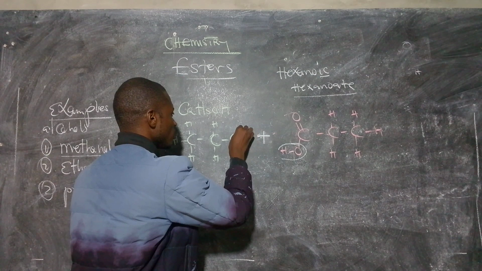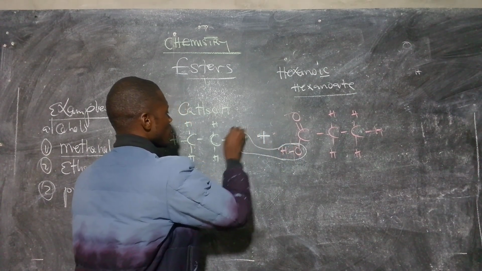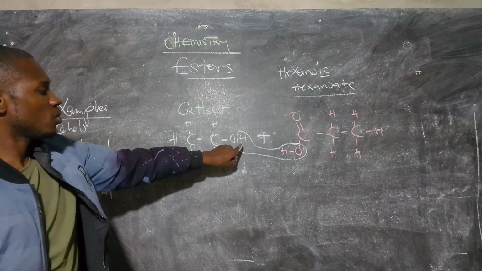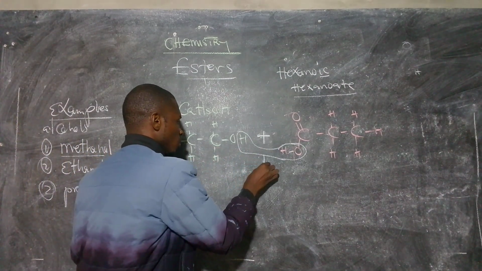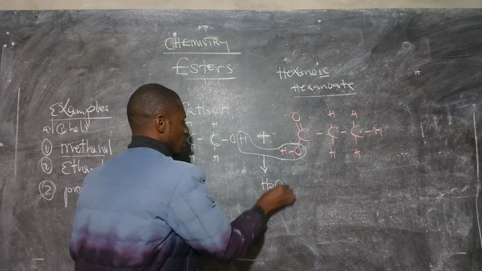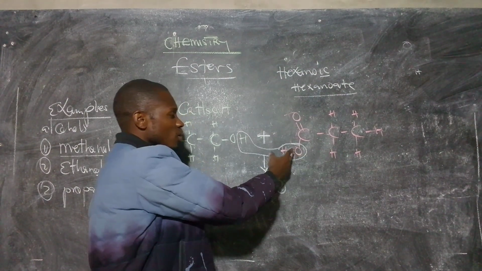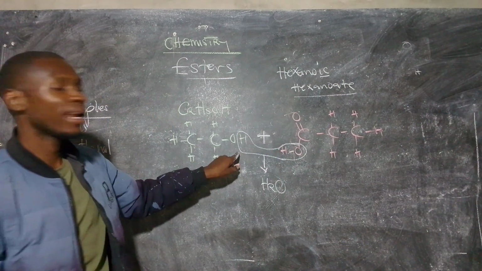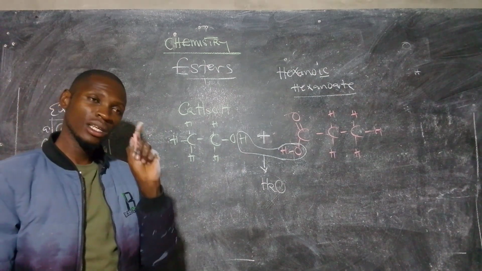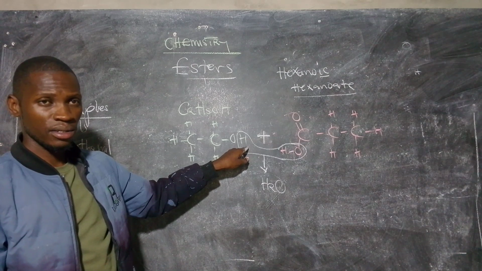Then this alcohol will only lose hydrogen. So this part will give us H2O. An acid has lost its hydroxyl, while an alcohol has only lost its hydrogen.